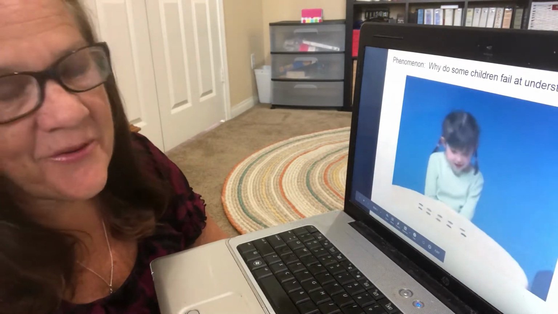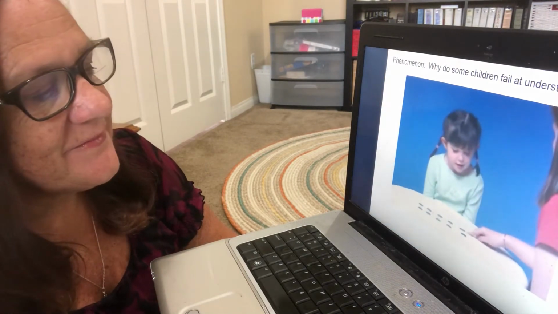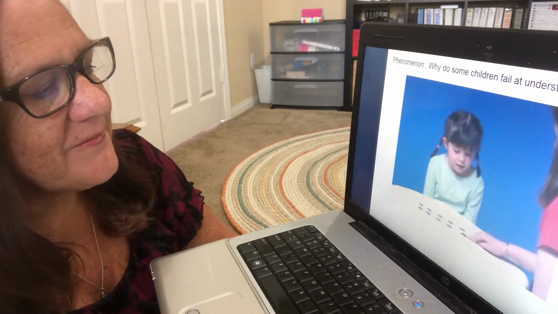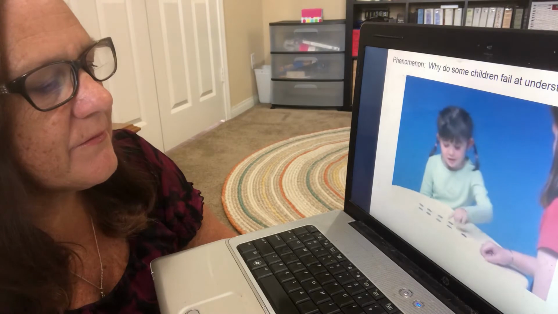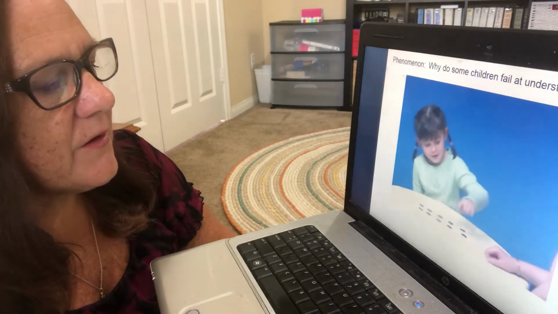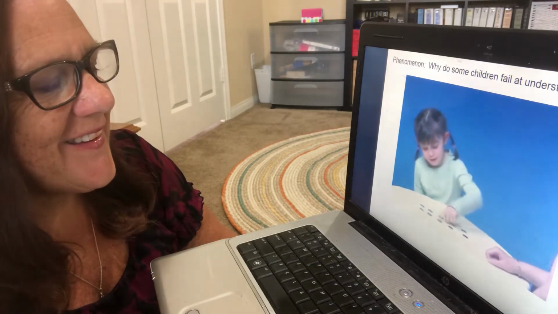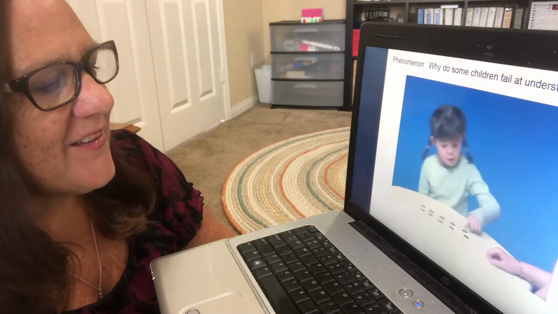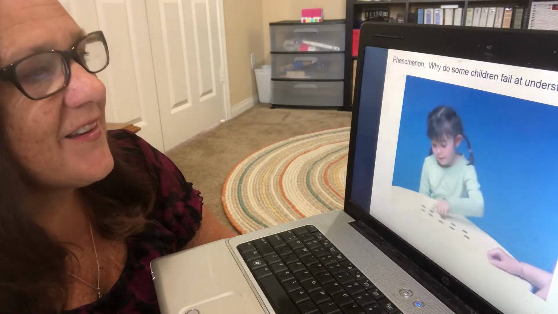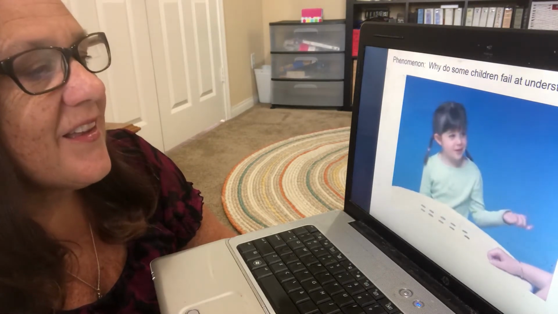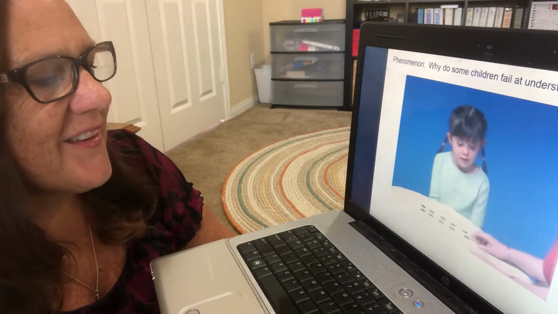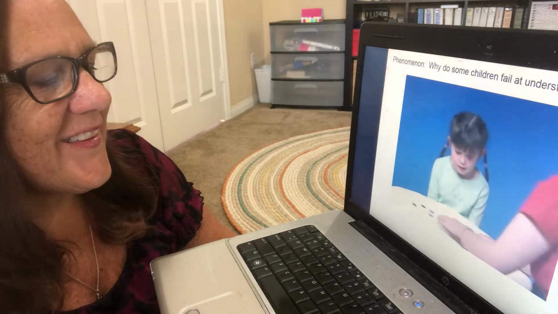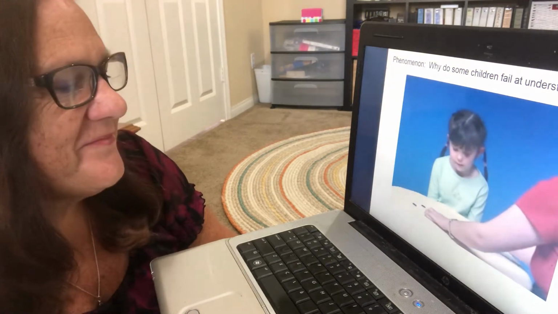Okay, you ready? Here's another one. Okay. Does this row have more quarters, or do they have the same? 1, 2, 3, 4, 5. 1, 2, 3, 4, 5. They're both the same. 5, 5. Okay. Keep watching.